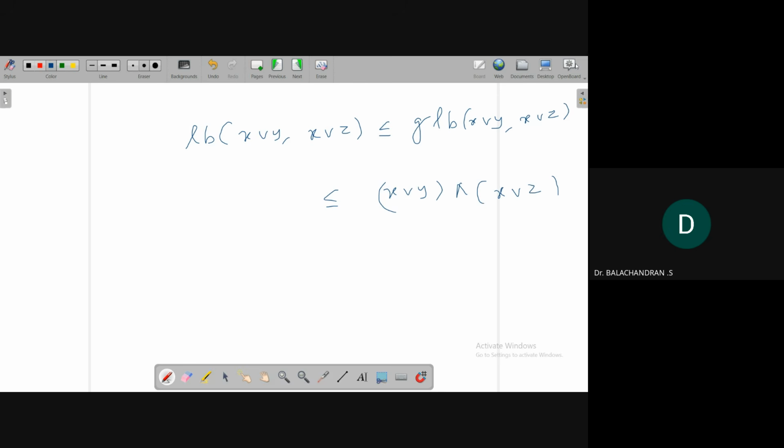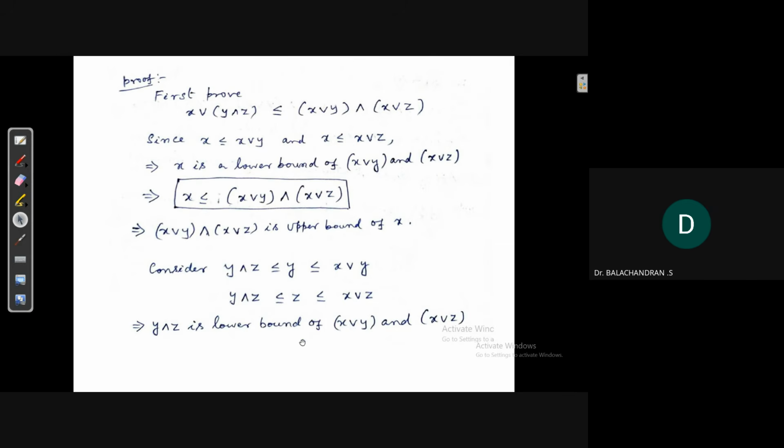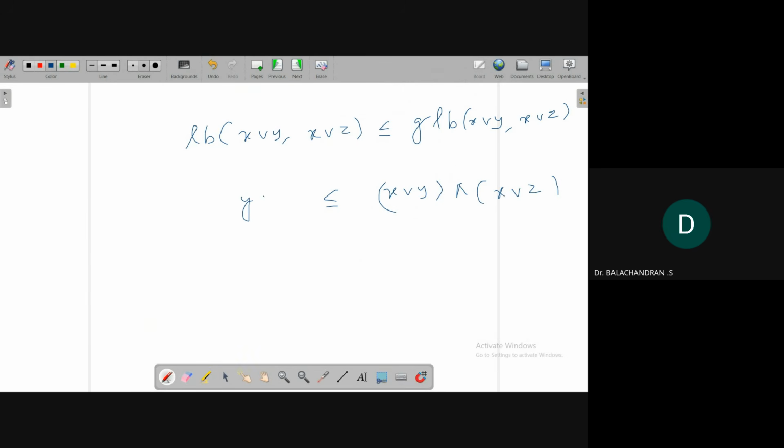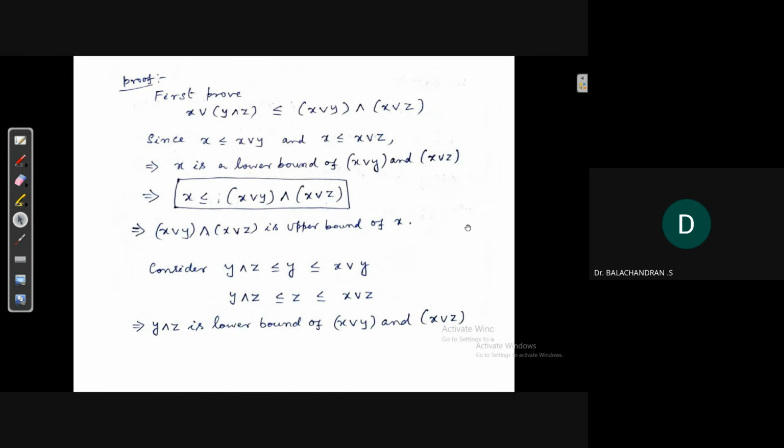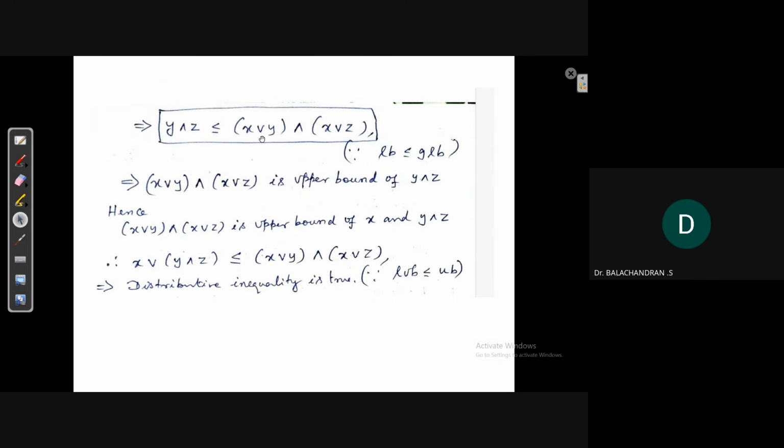What is the lower bound of these two? The lower bound of these two is y ∧ z. So y ∧ z is less than or equal to (x ∨ y) ∧ (x ∨ z). We'll check it in the next slide.